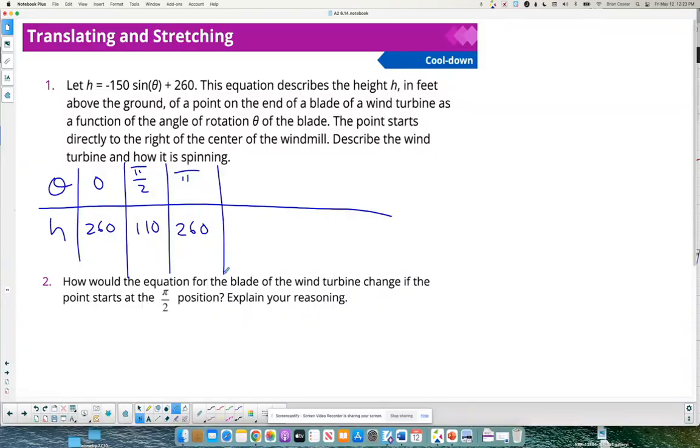Just plugging these in and finding the sine of each one. The sine of 3 pi over 2 is negative 1. And then negative 150 times negative 1 is 150. So that would be 410 right here. And then back to 2 pi, we're back to 260. So you can kind of tell here, okay, this is the middle, and this would be up at the top, and this would be at the bottom.